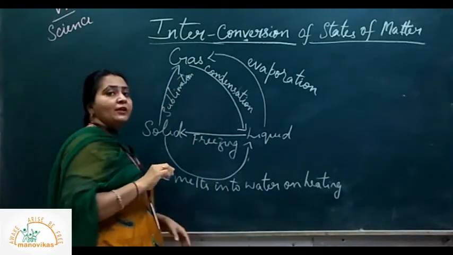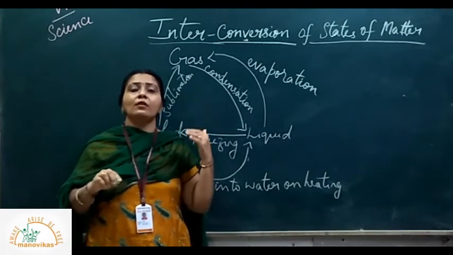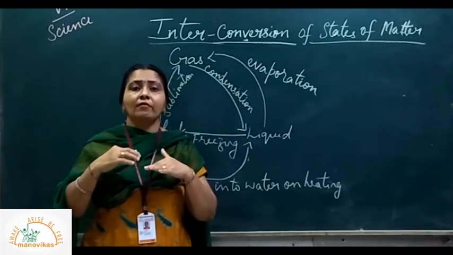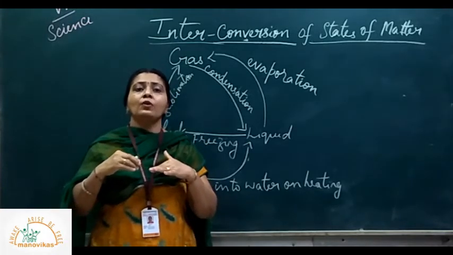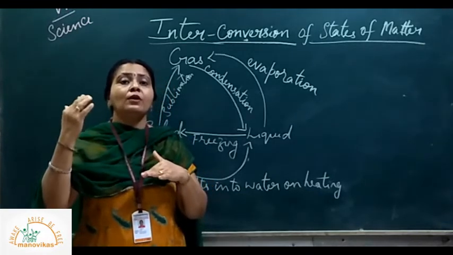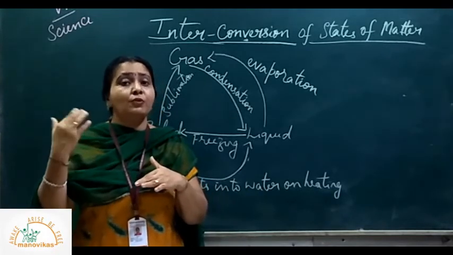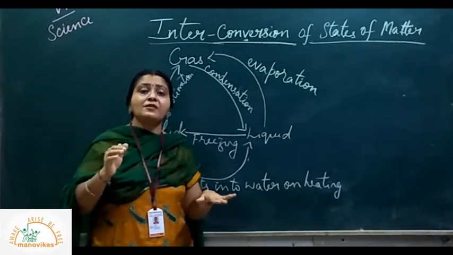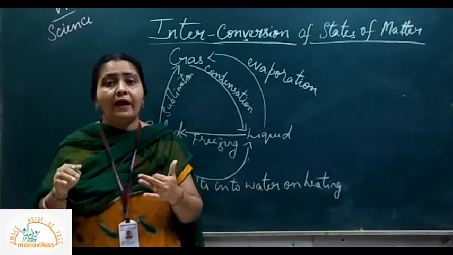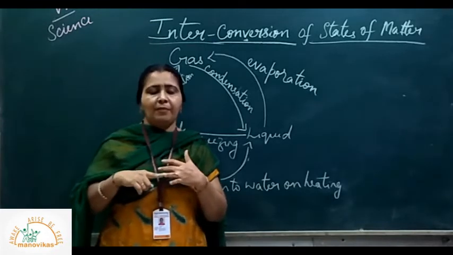So sublimation is the process by which the solid gets converted into gas, that is into the gaseous state, without passing through the liquid state. That process is known as sublimation.